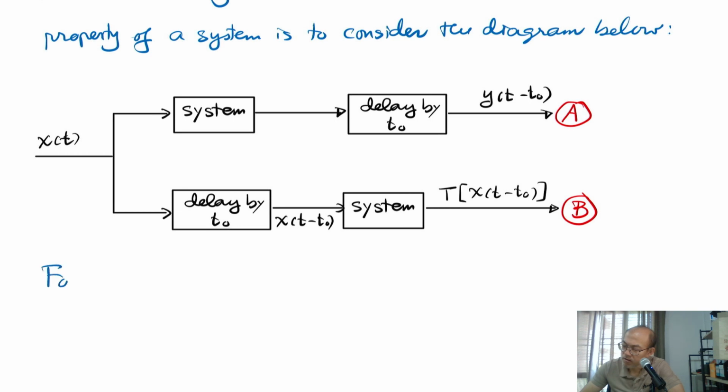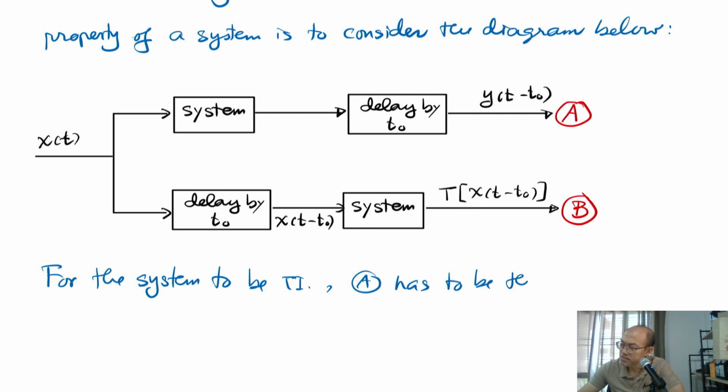For the system to be time invariant, A has to be the same as B for any x(t) and time shift t0.